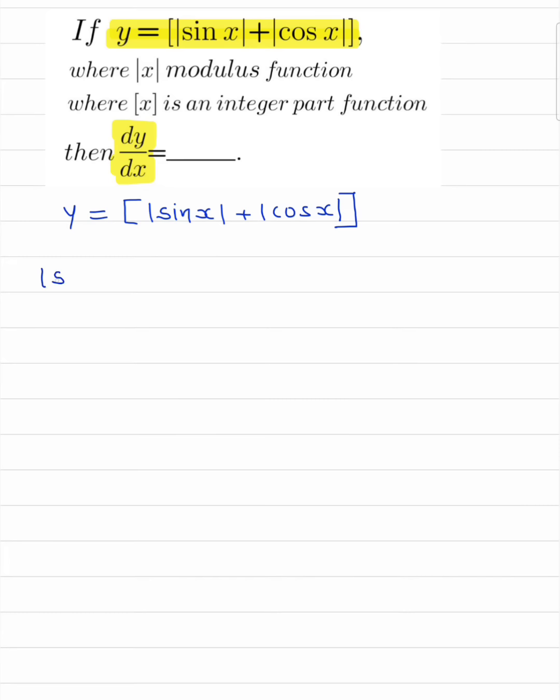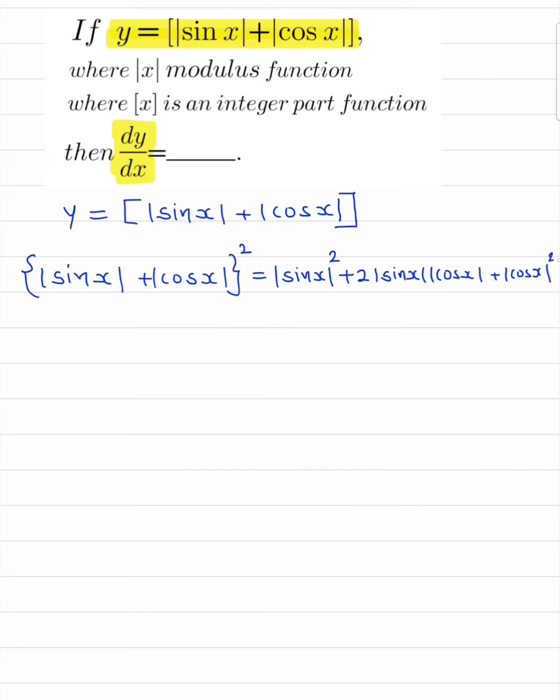Now I'm going to take the square of this term. What is the whole square of this term? Yes, modulus sin x whole square plus 2 mod sin x mod cos x plus mod cos x whole square.